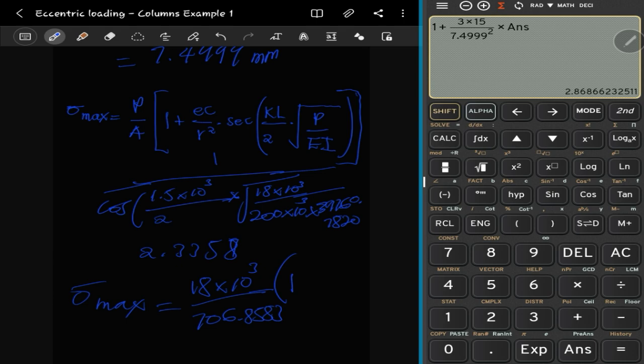We point this already, so that's what's given us that, so we can just continue, and that will be times that, which is 2.8687 approximately.